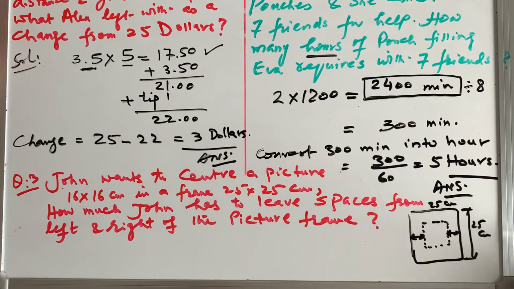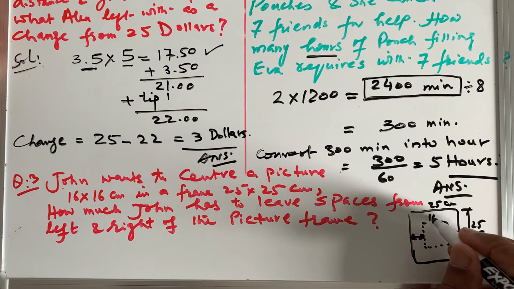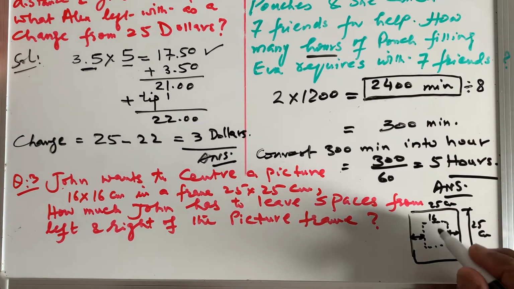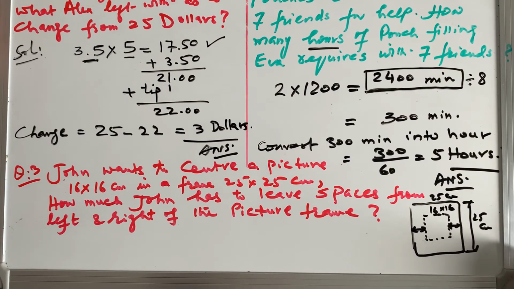This is the question. The picture is 16 by 16, the frame is 25 by 25, and John wants to know how much space to leave to make the picture centered.